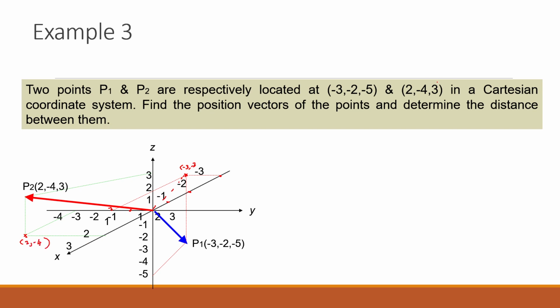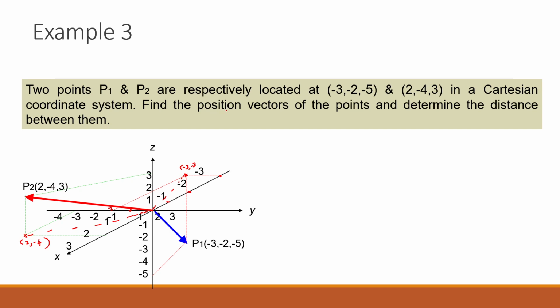Then z is +3 units: from here you drag it parallel with the z-axis, 3 units. So this is P2, where the coordinate is 2, -4, +3.